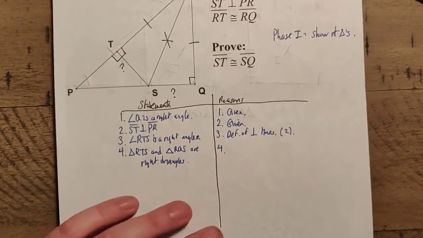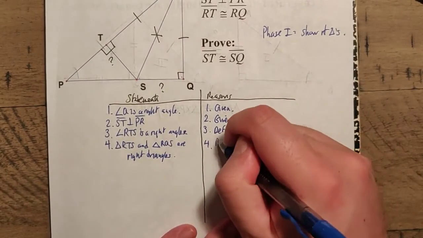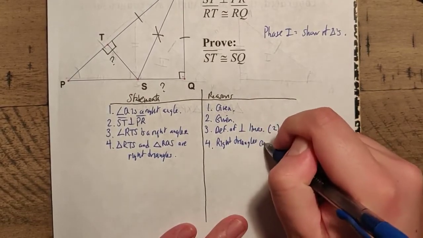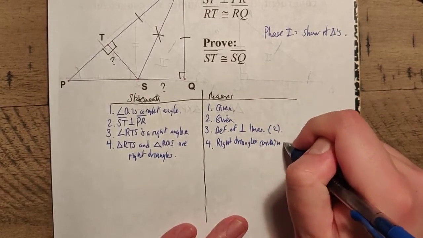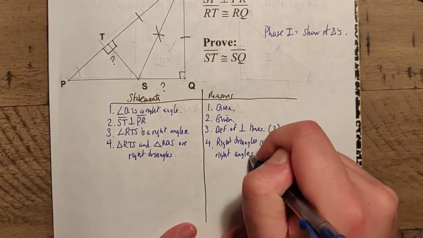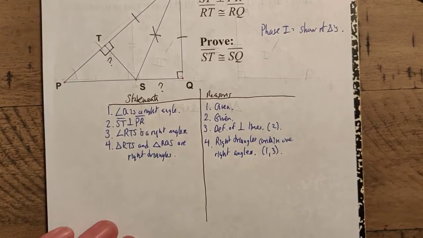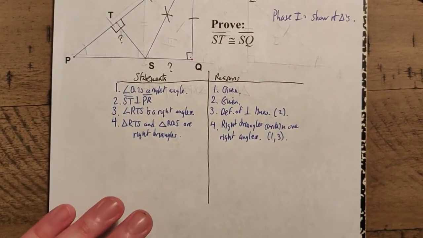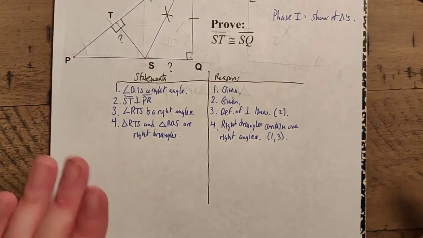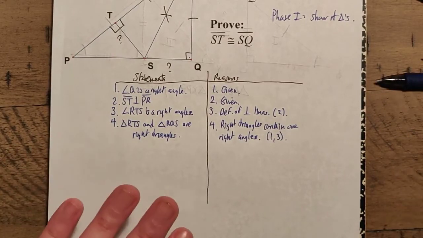The reason is that right triangles contain one right angle, and we've established that in steps 1 and 3. This is also the definition of right triangles, so you can use that as a reason in step 4 if you wish. So phase 1 is now finished.